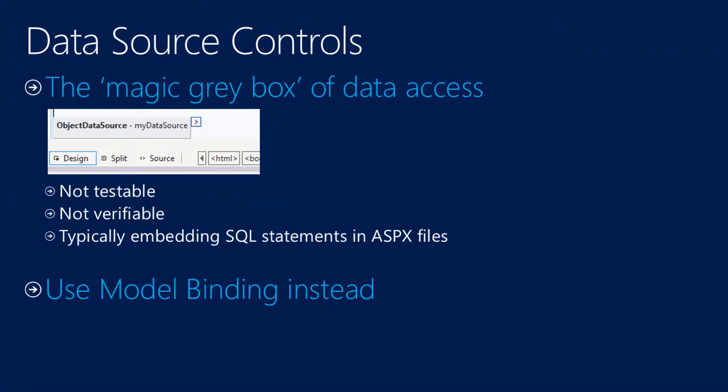Anybody see when they open an ASPX page and do a view markup and you see select star from products? Anybody see that? Yes. Okay, I'm not the only one in the room. So let's get rid of that. There's a better way to do this, something that came along in ASP.NET 4.5 called model binding.